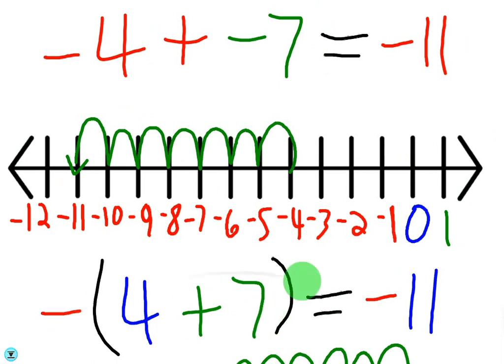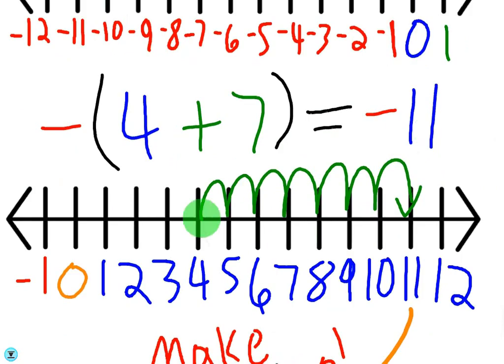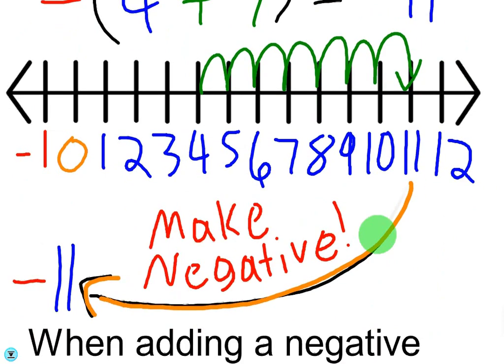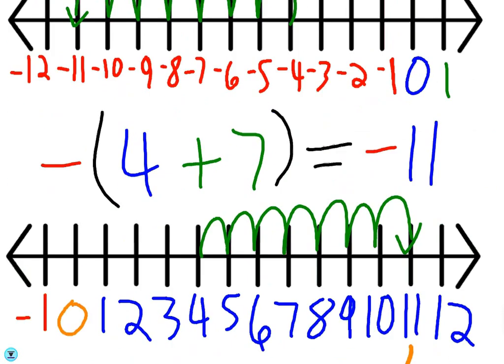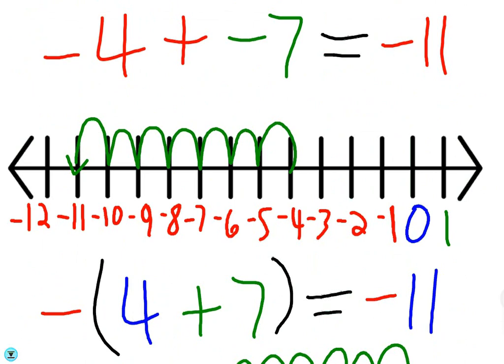And if we tack a negative onto it, we get -11. Okay, so here's what it would look like if we had 4 plus 7. And if we made that a negative, we ended up at -11. And so that's the easiest way to add two negative numbers. Make them positive, add them, and then make it negative at the end.